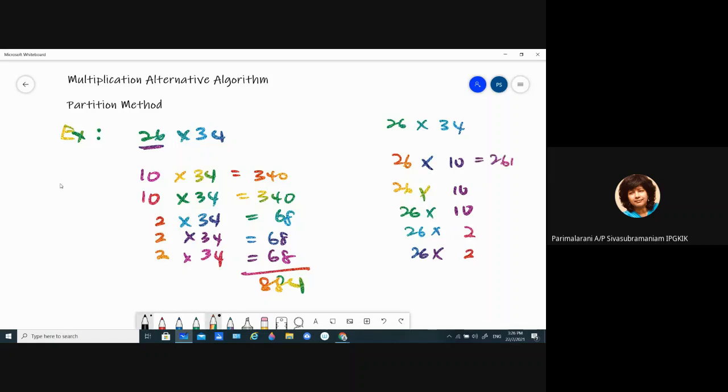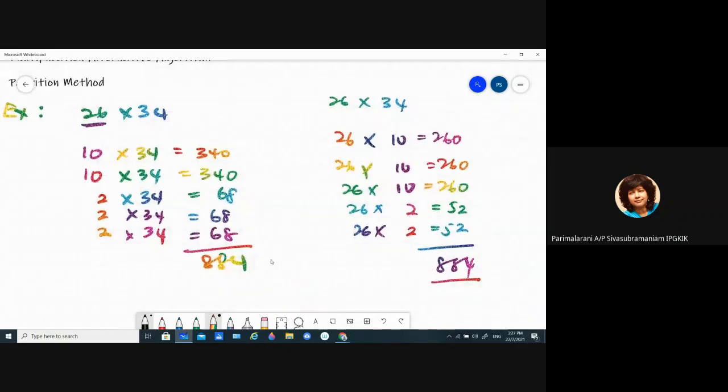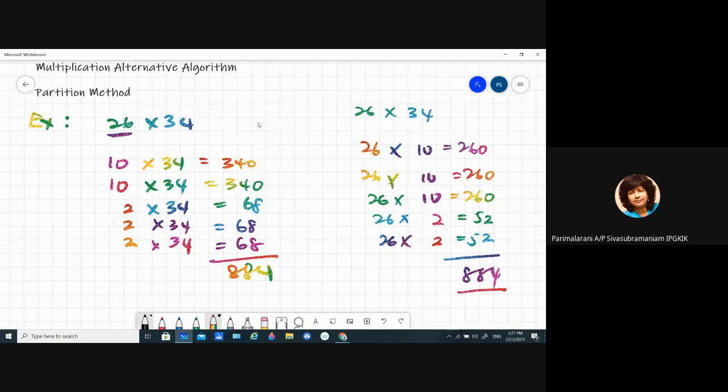So we get 260, 260, 260, 26 times 2 is 52. Add this up, you get 884. It's the same, whichever number you keep and partition, okay? So this is also quite a good algorithm because you're just breaking down the number so that you can multiply mentally. All this whole thing can be done mentally, okay? So this is called the partition method.